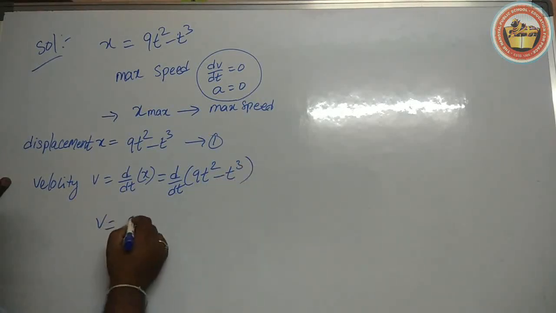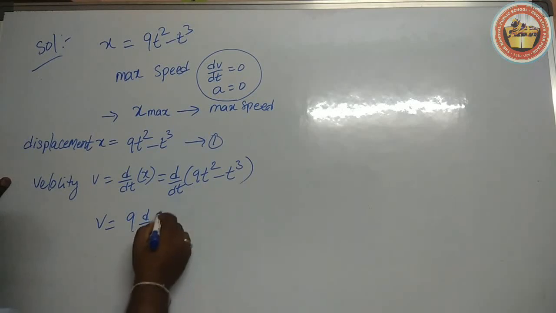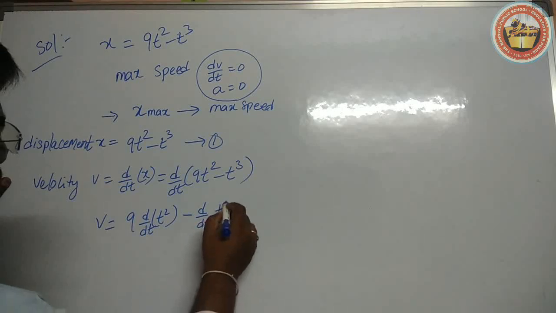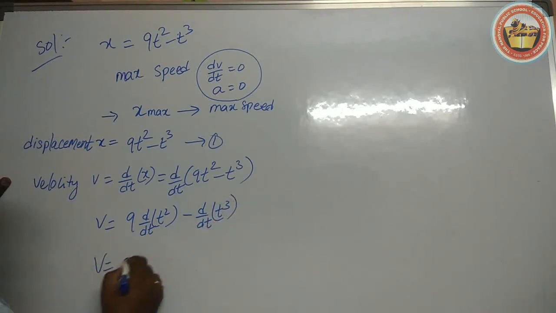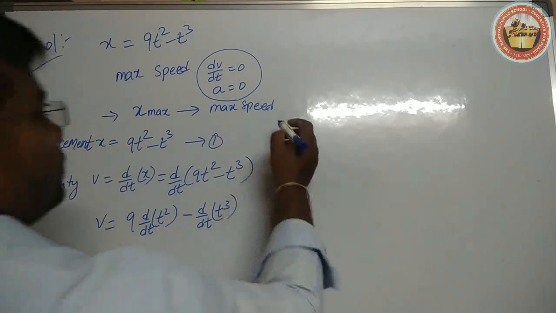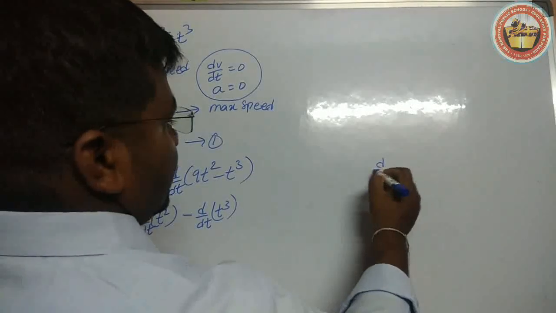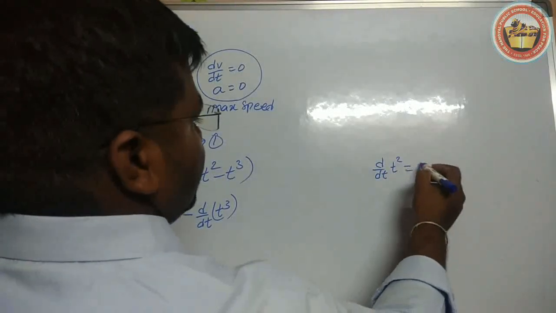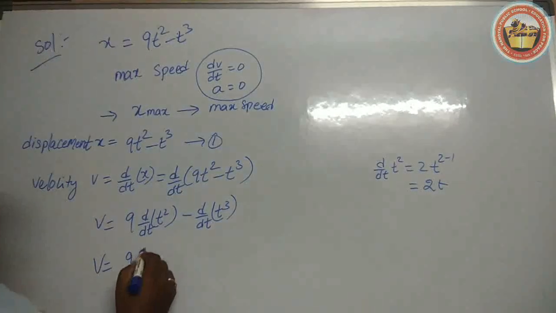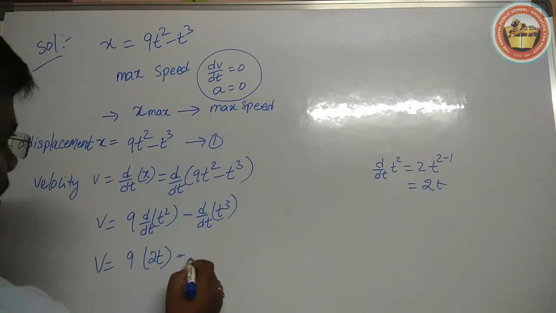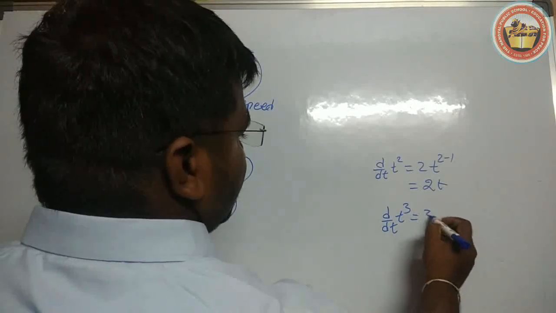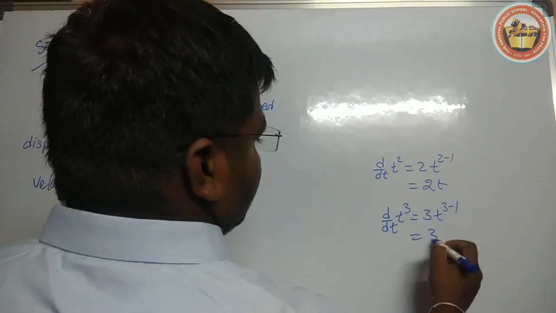So v is equal to 9 into d by dt of t square minus d by dt of t cubed. d by dt of t square is 2 into t power 2 minus 1, that is 2t. And d by dt of t cubed is 3 into t power 3 minus 1, that is 3t square.